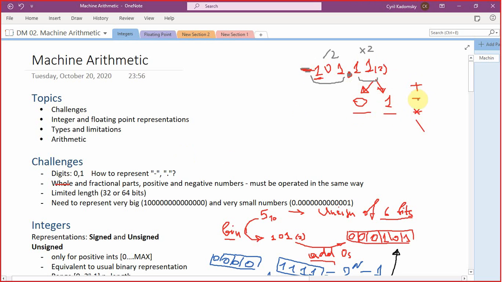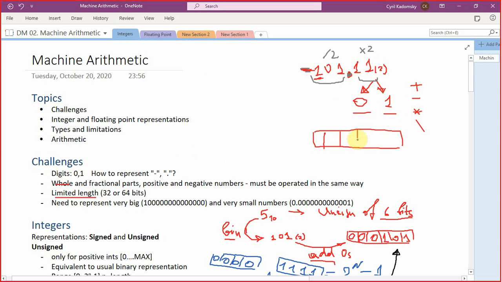And the next challenge was the limited length. In the computer we always have a limited length for representing our numbers. We cannot have an infinite amount of memory.